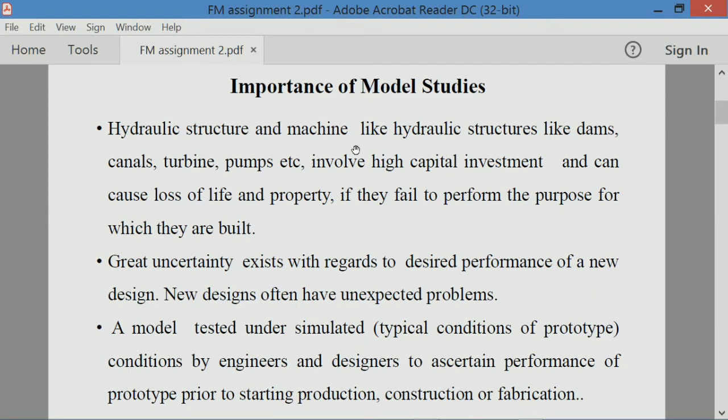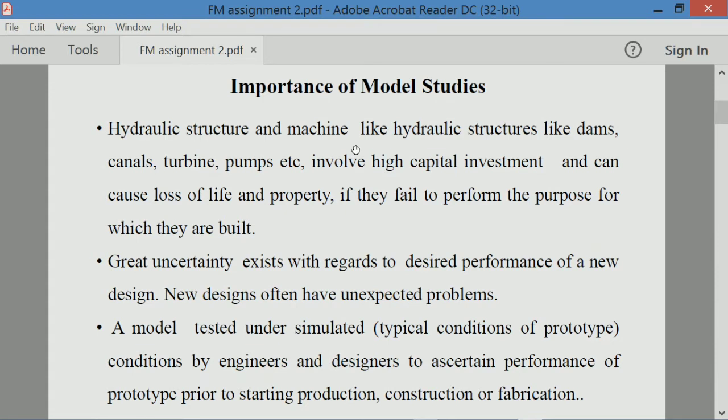So this type of uncertainties exist for the desired performance of this type of prototypes. Also, new designs may cause unexpected uncertainties in their performance.